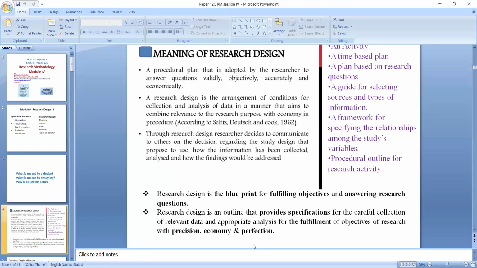When you wish to do any research, a rough idea comes into your mind regarding what kind of research you are going to do. In simple terms, as given at the end of the slide, it's a blueprint for fulfilling objectives and answering research questions.